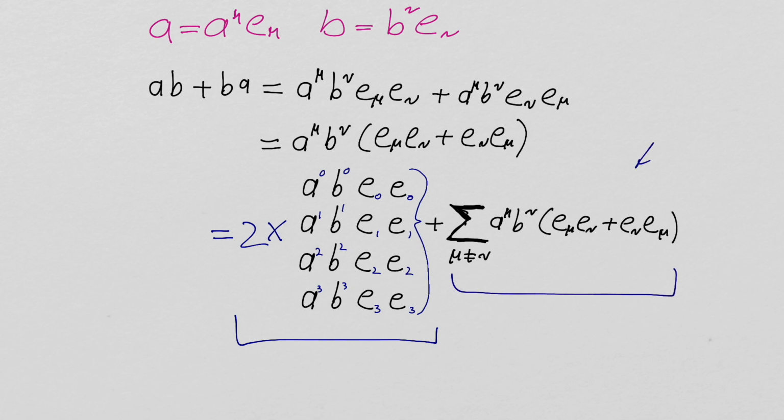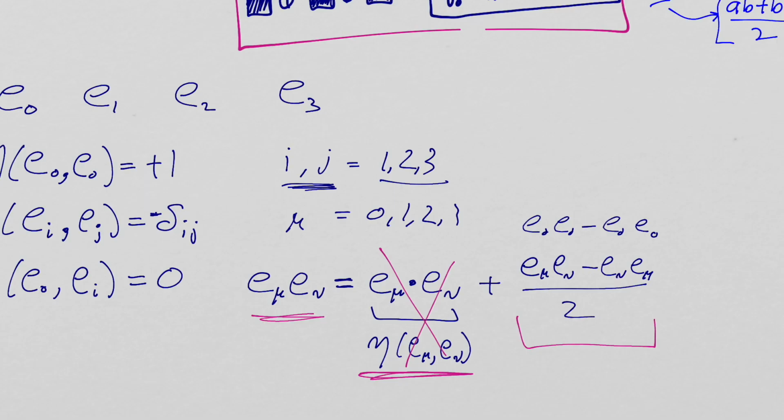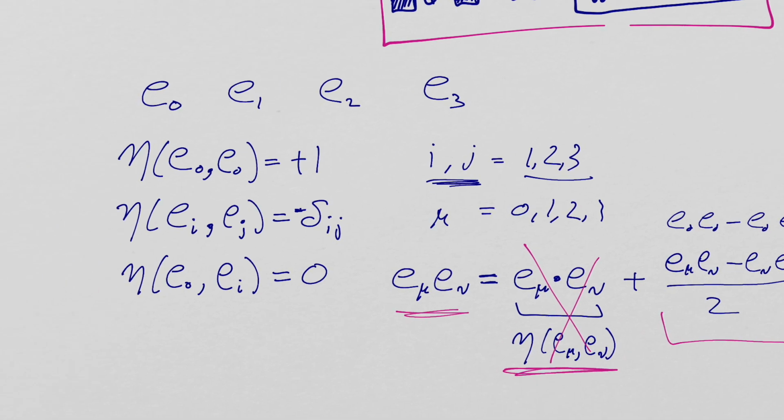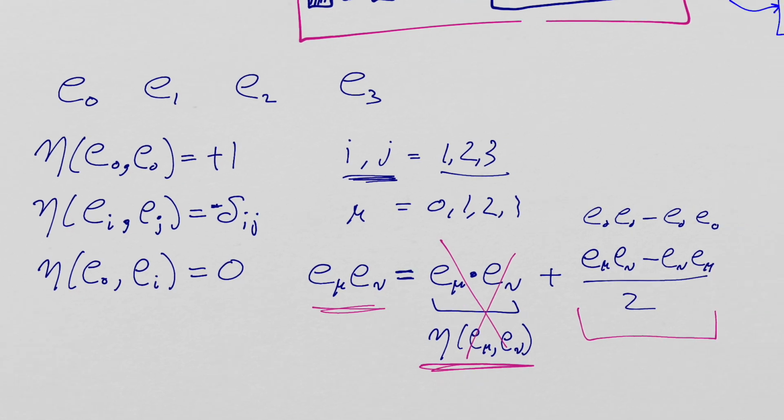The problem is on this section here, I know that mu and nu are different. Because I know that they're different, I go back to what I just did, and I showed that if they're different, the symmetric part goes away, because the symmetric part is equal to the inner product, which we've established as being Minkowski.